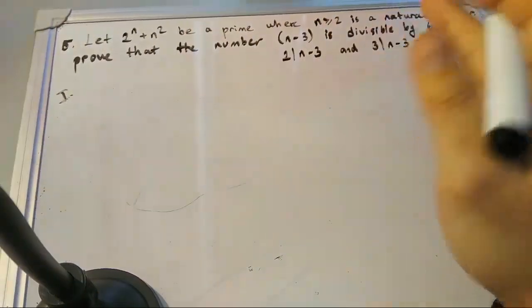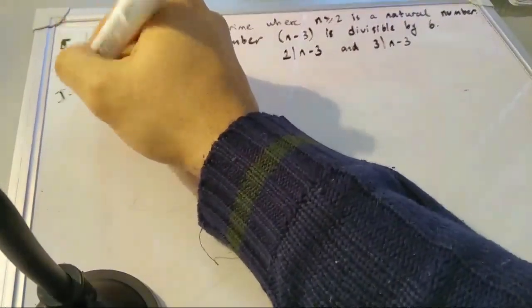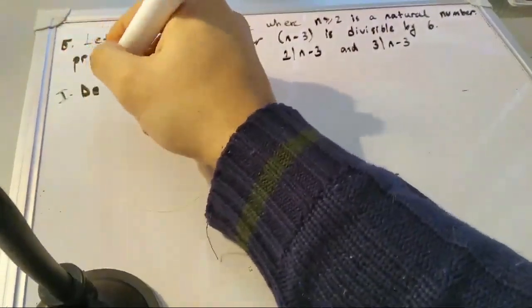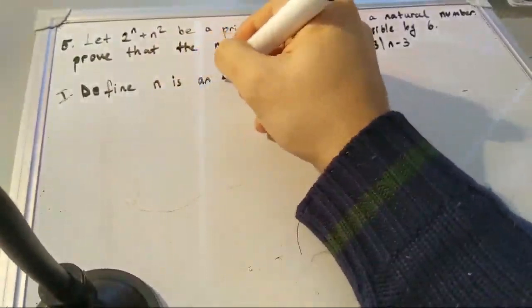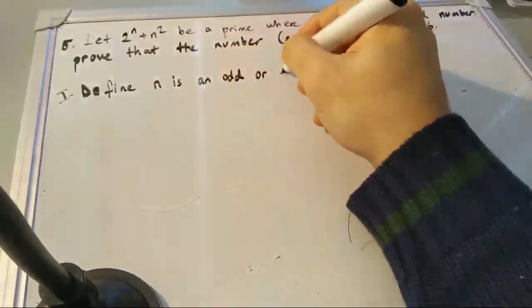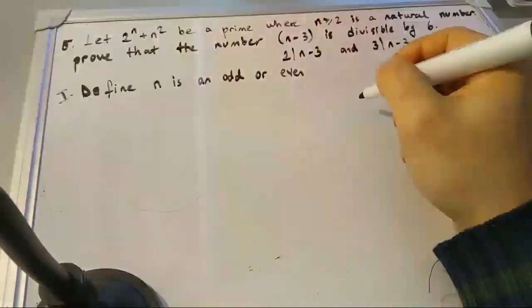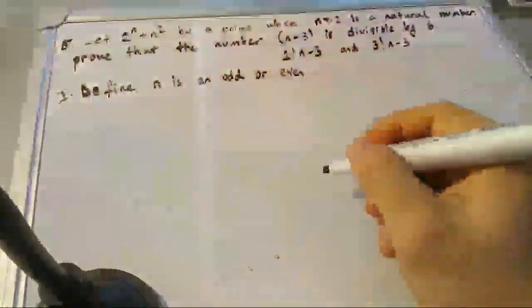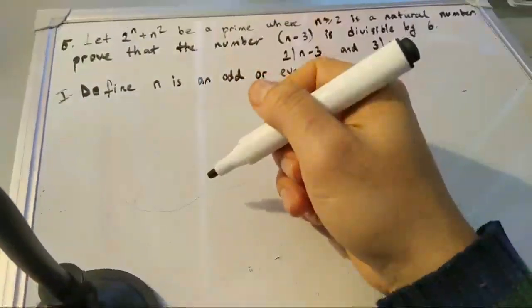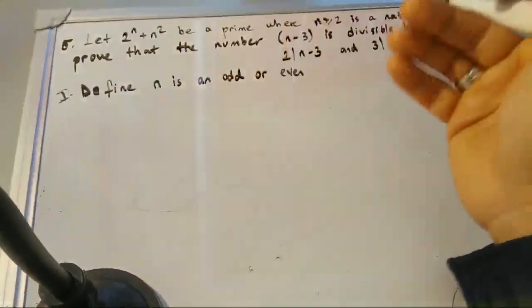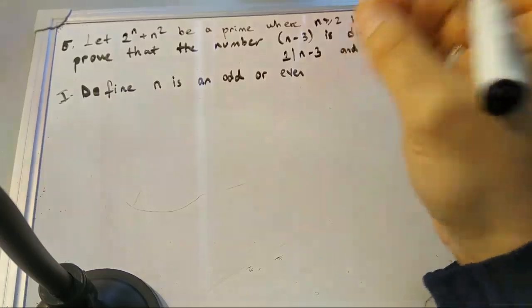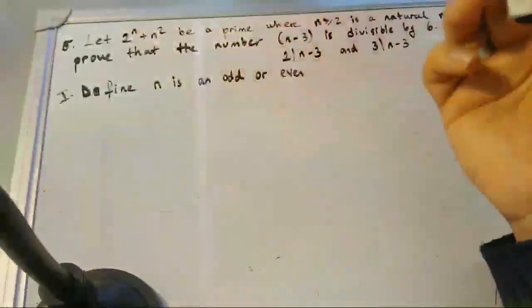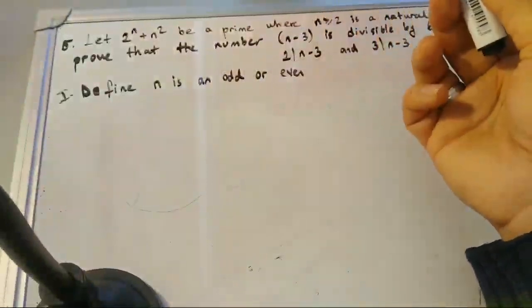First, we need to define whether n is odd or even. If 2 to the power of n plus n squared is a prime, can n be an even or odd number? n can be just an odd number, because the prime numbers are odd at the same time, you know?